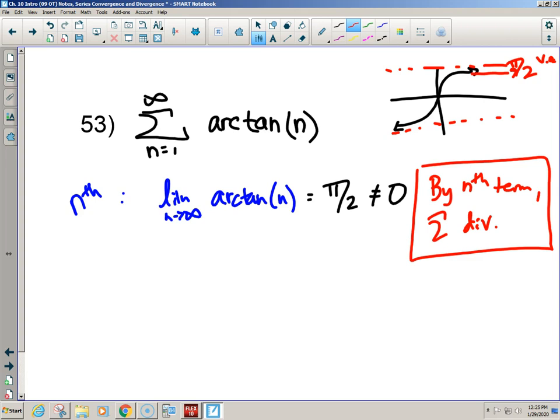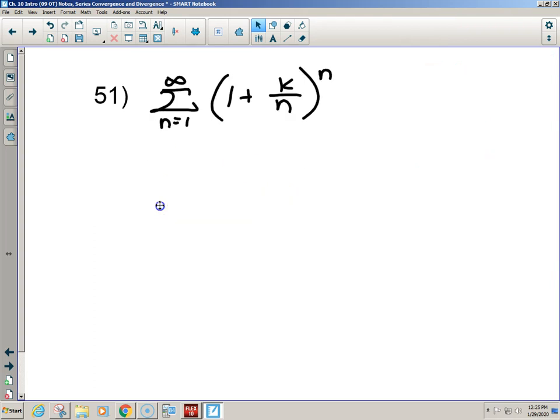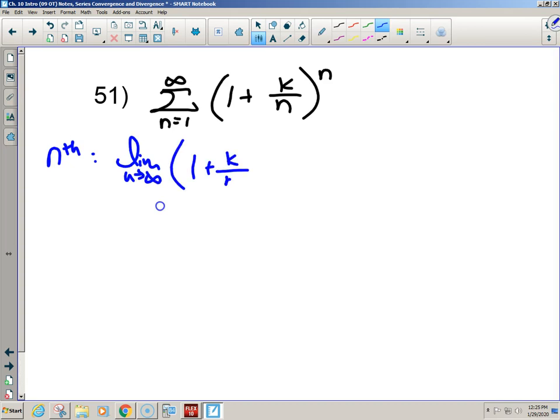51 is a special converging sequence. We would have had to see that. How do you take a limit as n goes to infinity when it's in the exponent? Any constant, like an x.